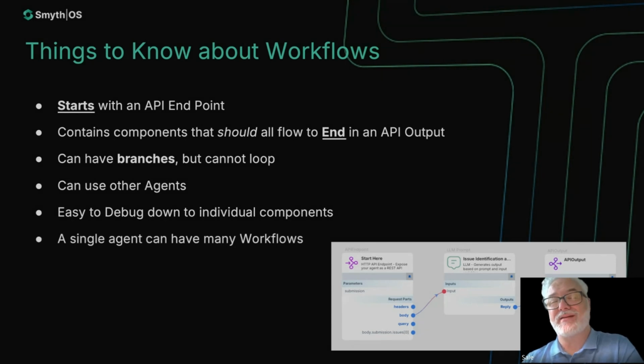And by the way, I did that on purpose, if you haven't figured that out. And a single agent can have many workflows. It's not just one. And depending upon what you're doing, that would be a different API call or a different skill that's exposed to the chatbot LLM or to the GPT if you're going to expose it via GPT.